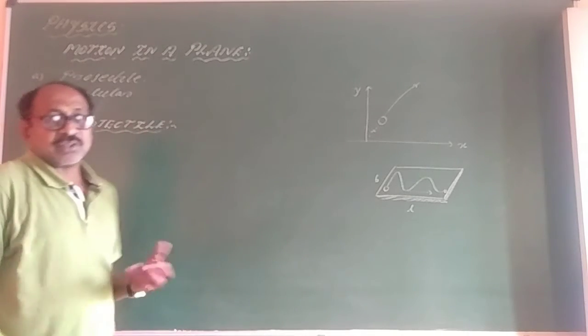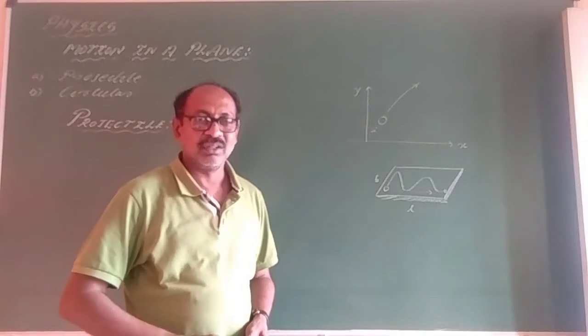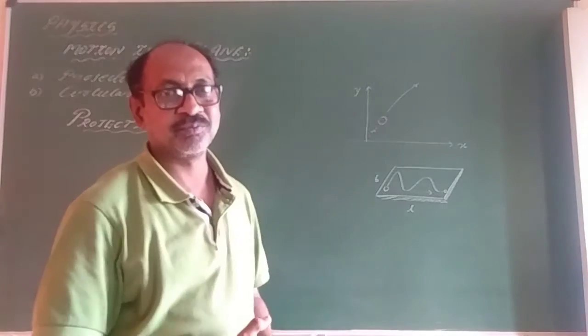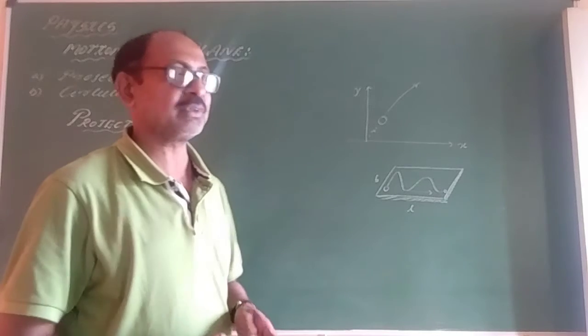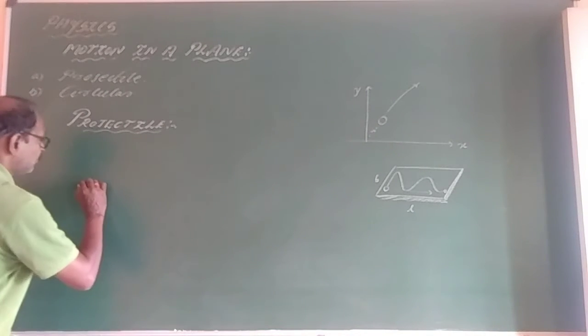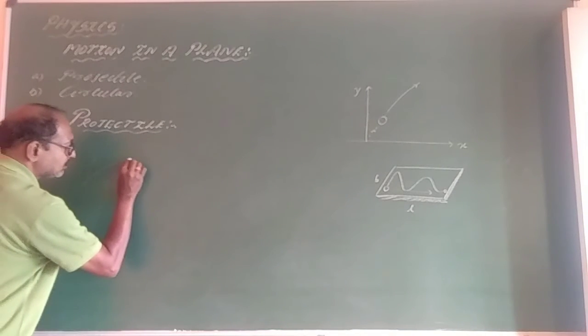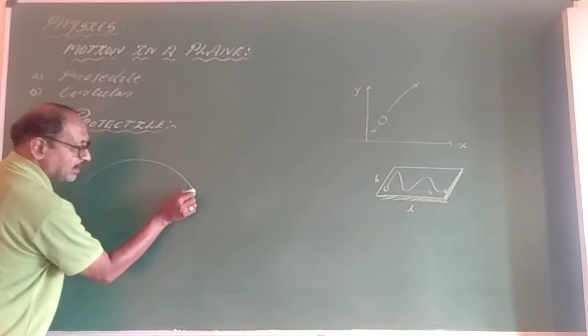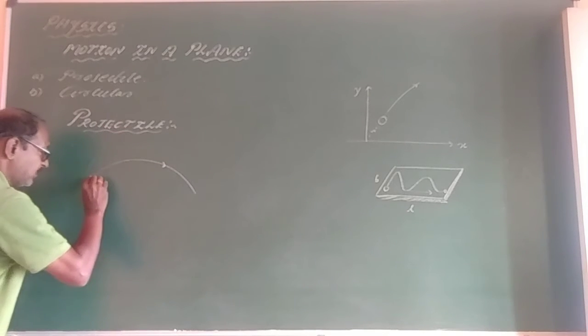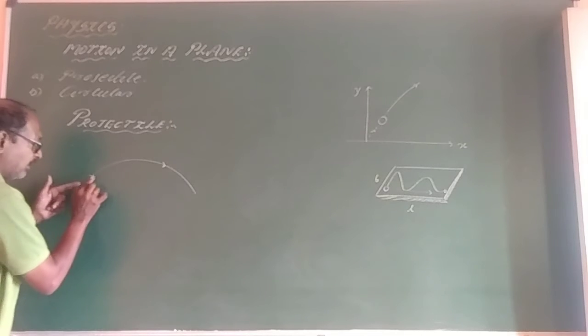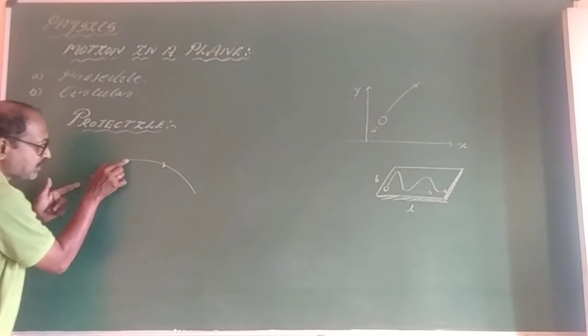You might have seen the javelin throw. When a javelin is thrown, it moves along in this direction, in this way, and then it comes down. Here is an initial velocity, and the velocity and direction always change.